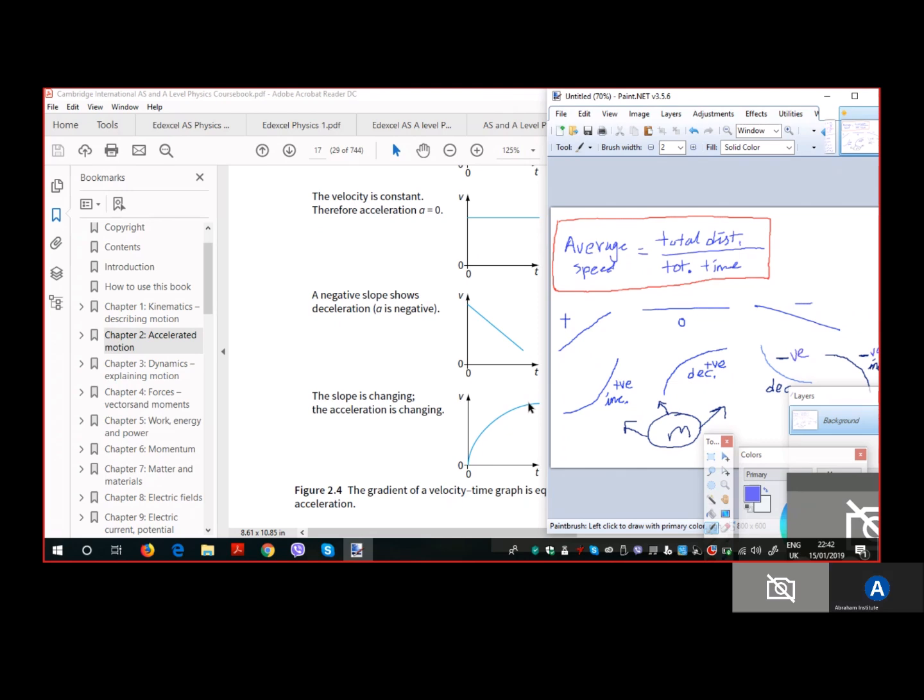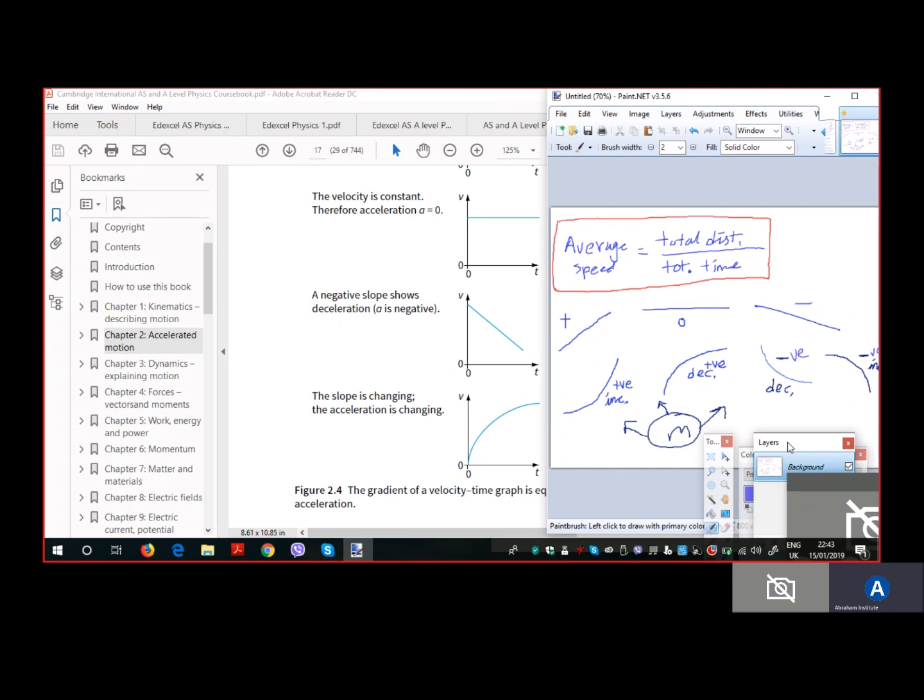Acceleration decreasing doesn't mean deceleration. If the acceleration is negative, it is a deceleration. If the gradient is positive, it is an acceleration, but the size of the acceleration is decreasing.